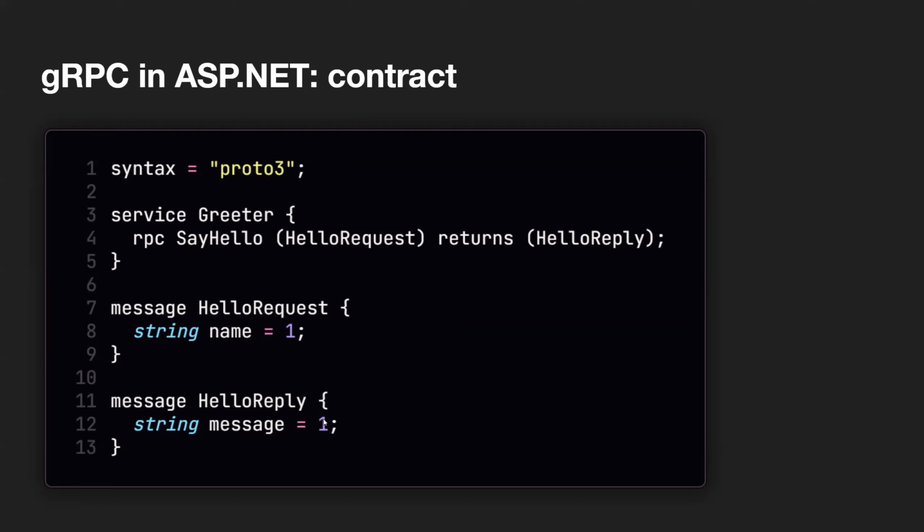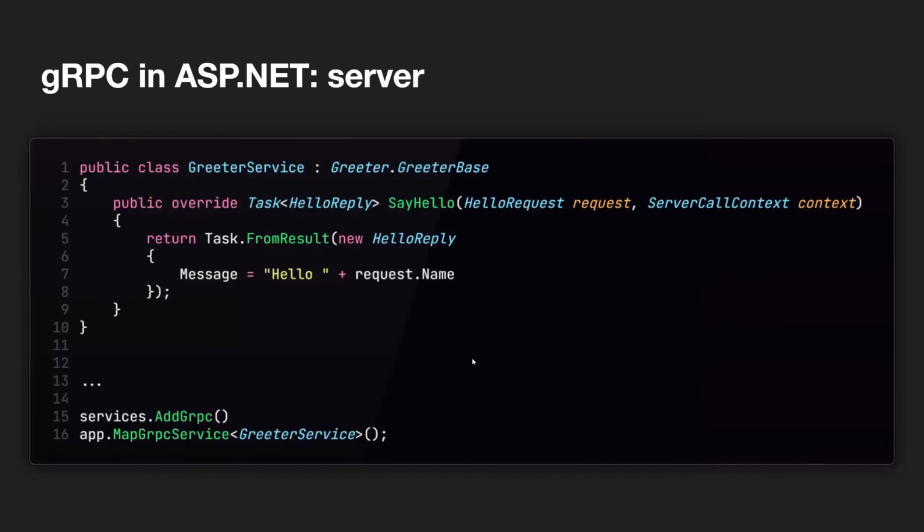If we want to implement this in ASP.NET as a service, we have to add this proto file to the project. And then what the tooling is going to give us with the code generation is that it is going to create this Greeter.GreeterBase class.